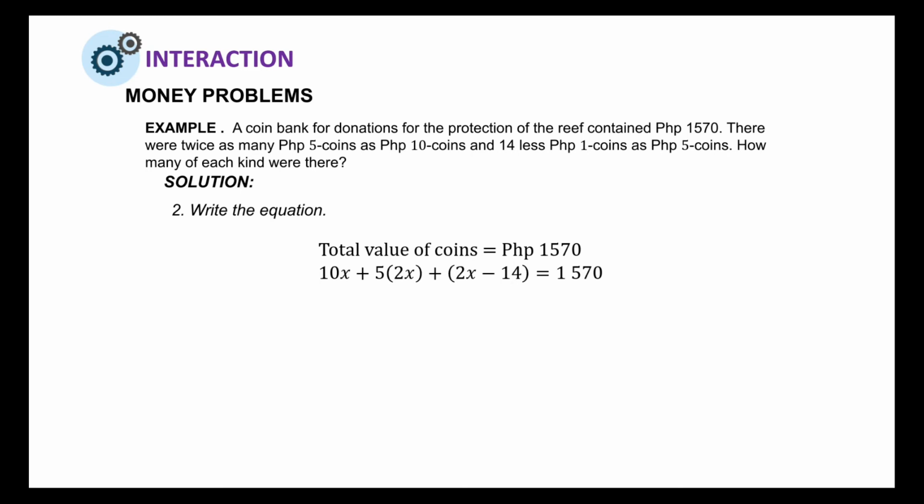You take note that the total value of coins is equal to 1,570. So when we add everything, it should be 1,570. So our working equation is 10x plus 5 times 2x plus 2x minus 14.